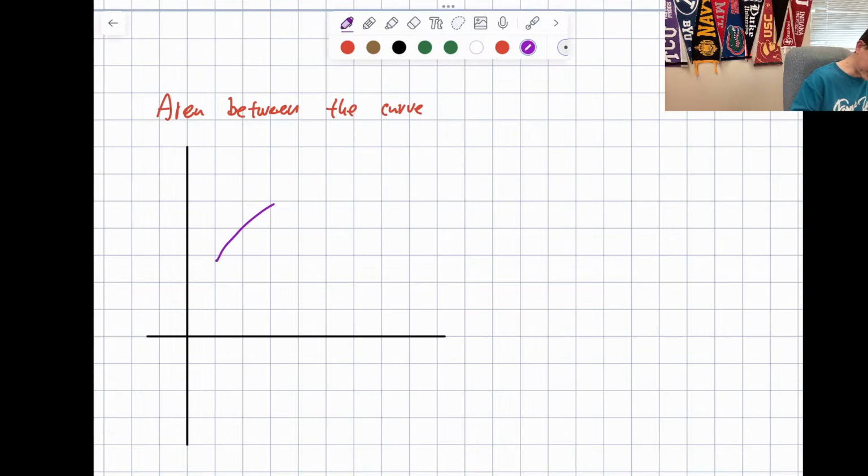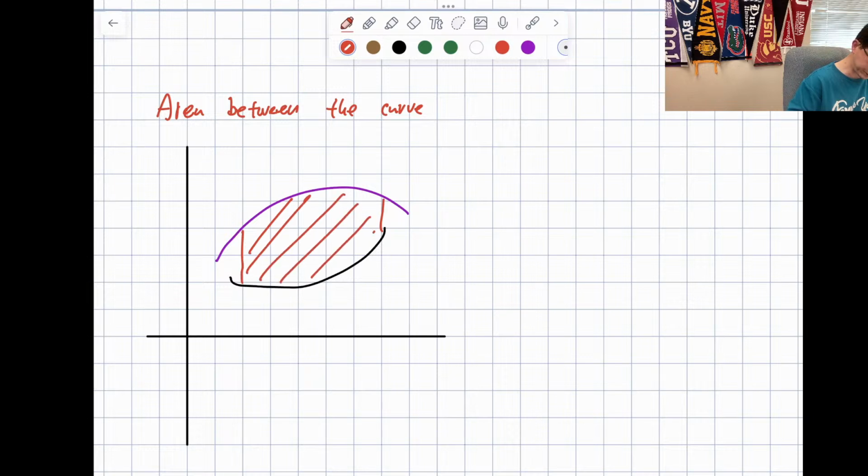So the purple line goes like this. And we also have a black line right below, and a cutoff between here and here. I want to find the area of this region. I'm interested in this. How do I find the area just between here? What would you suggest?